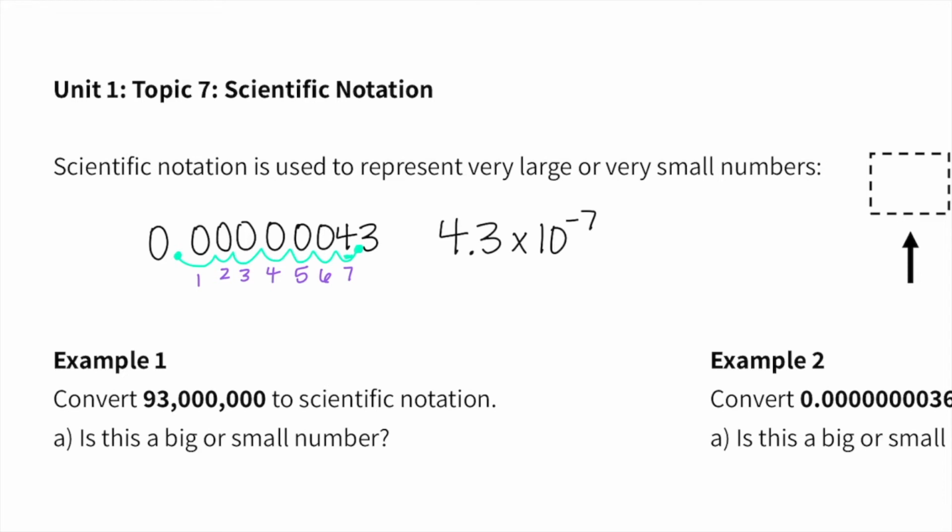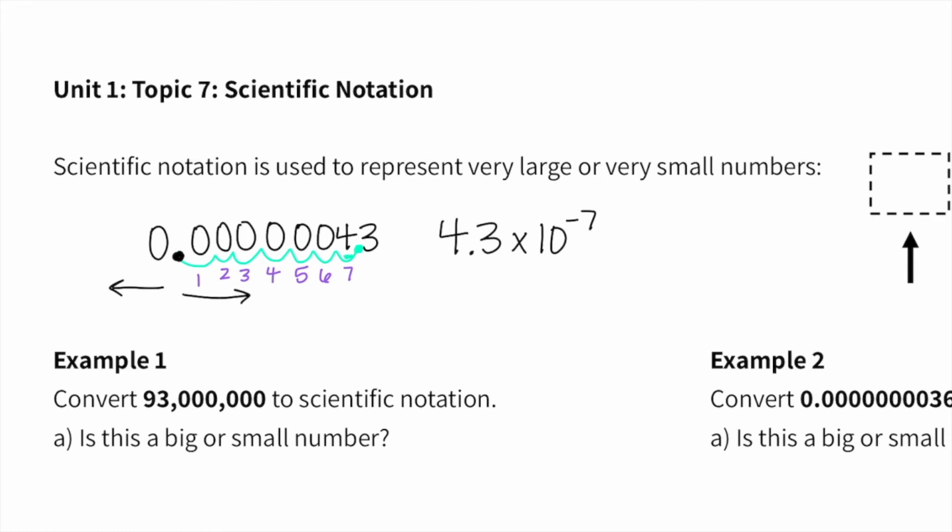Our first number that we converted was a really large number, and if you're looking at where 0 is on the number line, the large number was to the left of the decimal. Our small numbers are to the right.